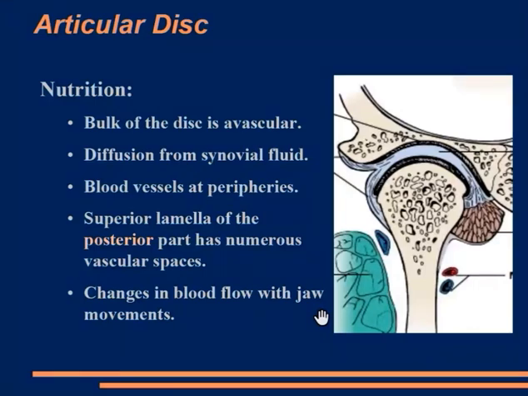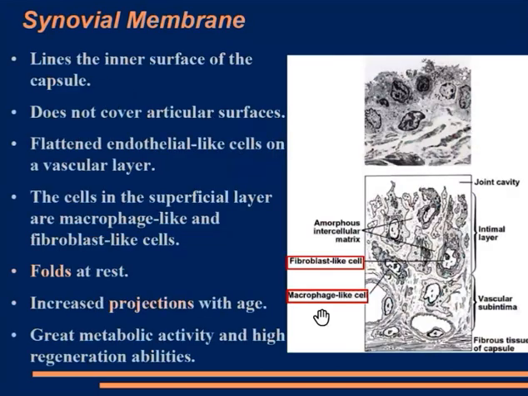Moving to the synovial membrane, it lines, as we've said, the internal surface of the capsule. It does not cover the articular surface, and this is important. It lines the margins of the interarticular disc and the fibrous capsule of the TMJ.